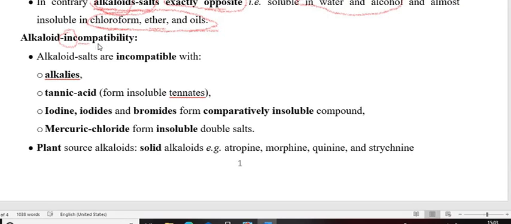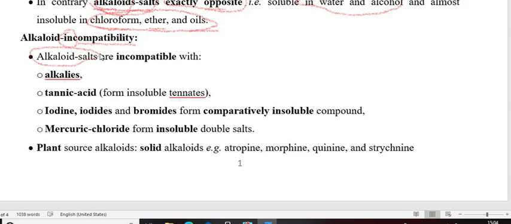Incompatibility means the compound is not compatible, not suitable, not good to combine with another compound. The alkaloid is usually not soluble or not compatible with certain compounds, particularly the alkaloid salts.